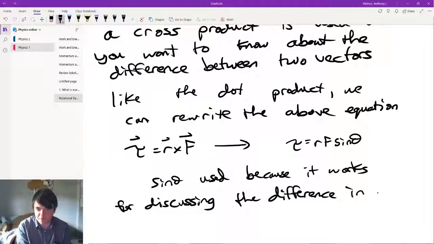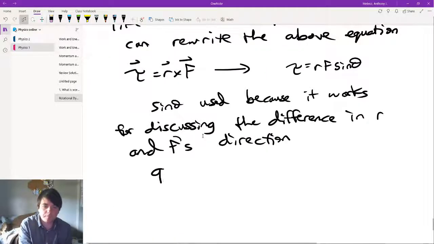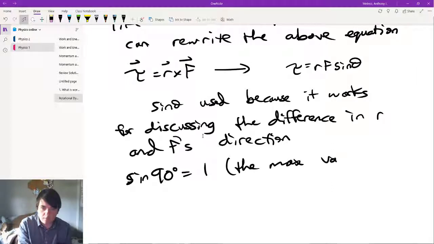The difference in R and F's direction, 90 degrees, is the max value for sine theta.